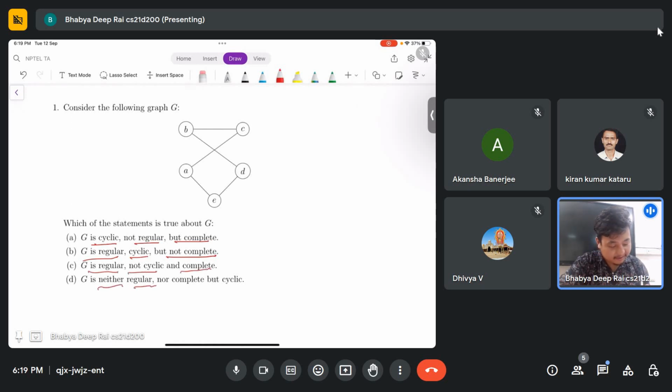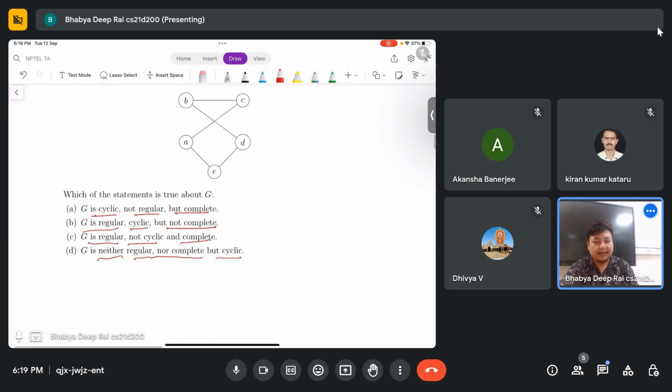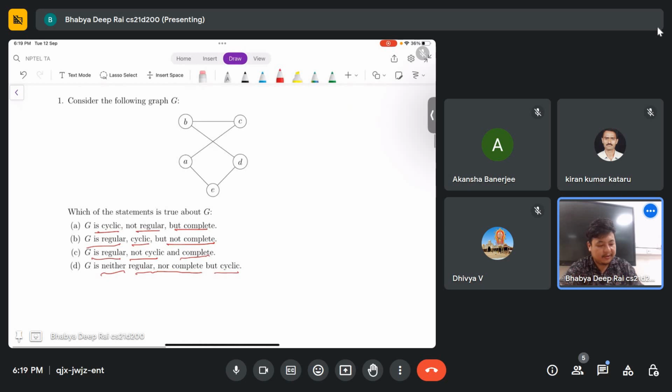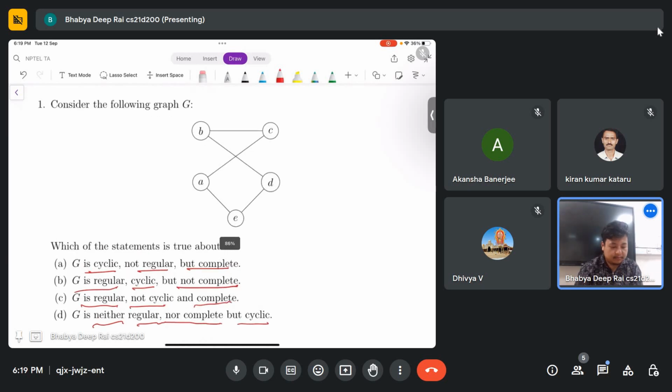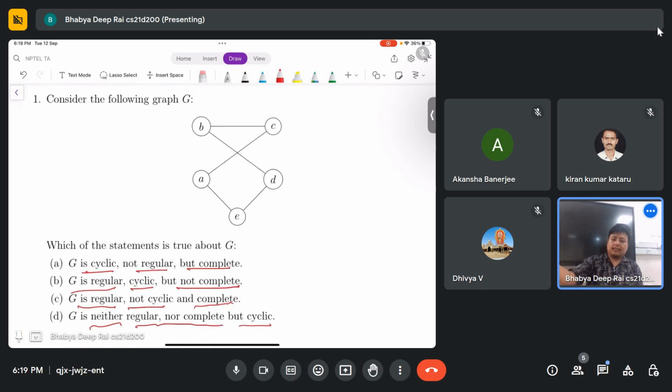D: Neither regular nor complete but cyclic. I'll zoom in a bit. Can you think about it for a while? Which of these options are correct?